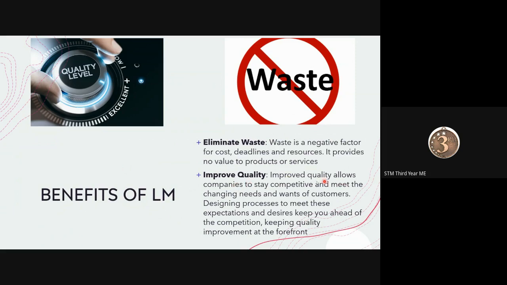Improved quality allows the company to stay competitive and meet the changing needs and wants of customers. Once you improve the quality, a customer will prefer the product of that quality rather than from another company. So the company that produces the quality product will incur much more profits. That is the advantage of improving the quality.